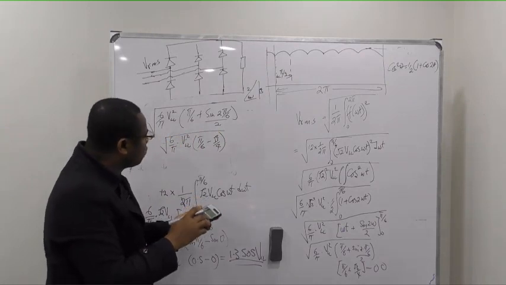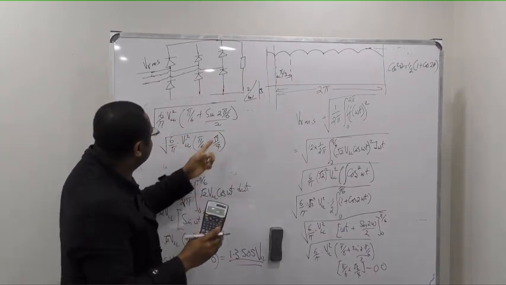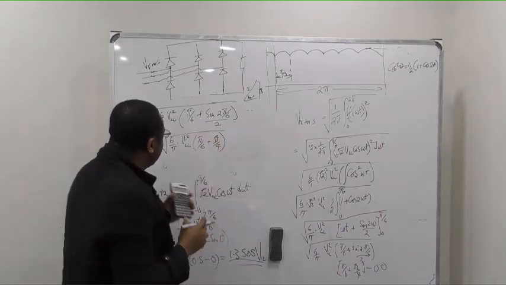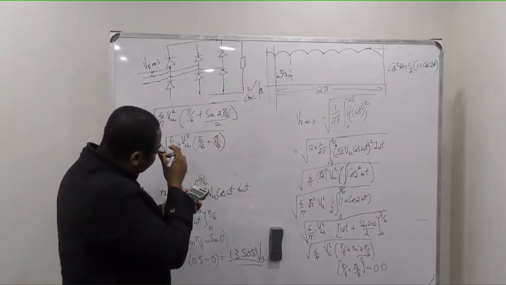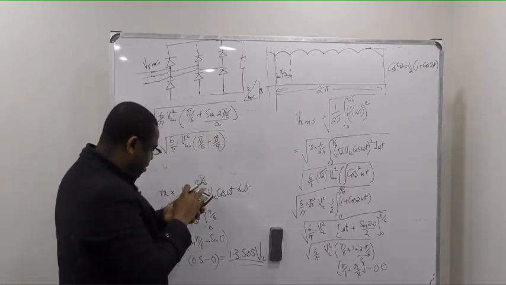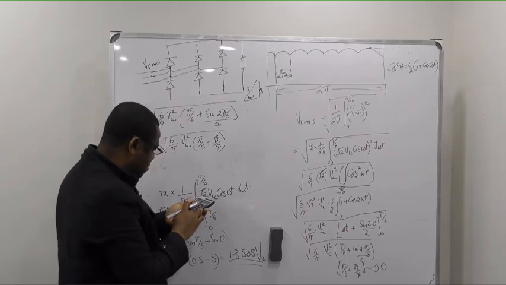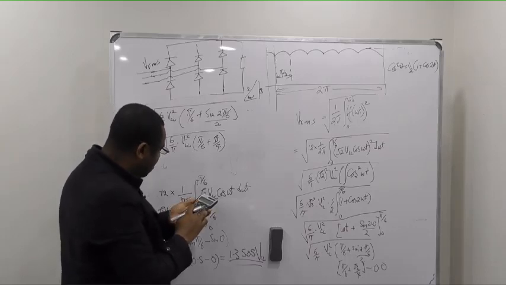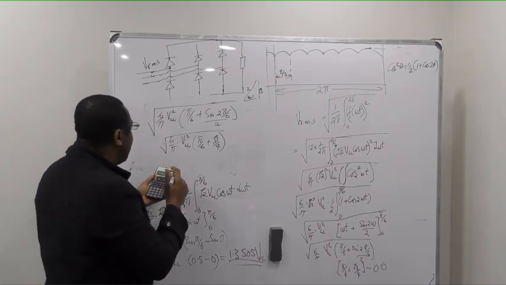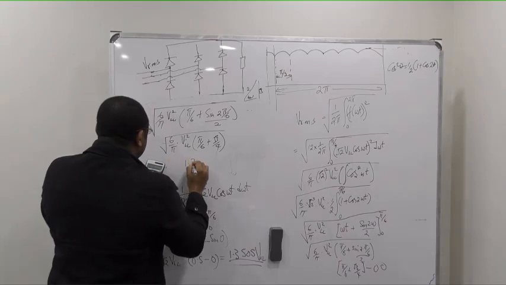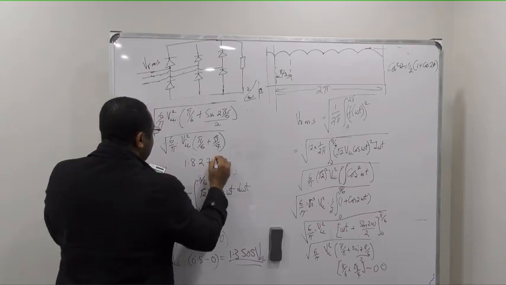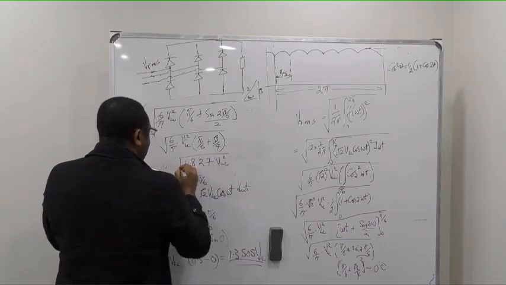Let's just evaluate this at once now. I hope everything is in order now. So remember, this is plus. So we have, let's say, root 3 divided by 4 plus pi over 6, which is 1.827 VLL squared, the square root.